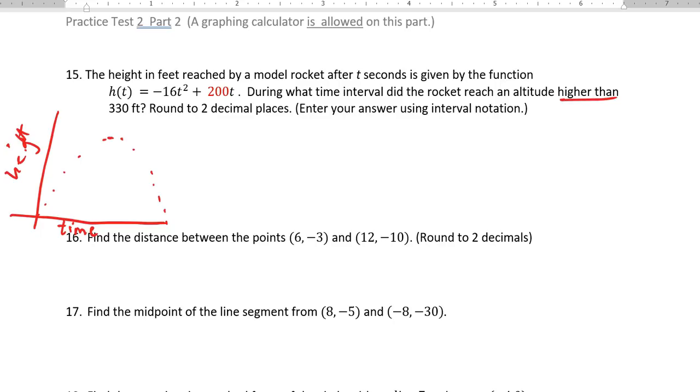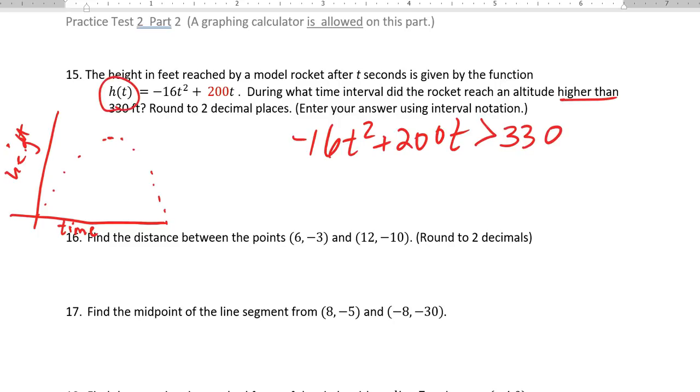So if I were to make this equation and set it greater than 330, then my output, because that's what this expression is equal to, would have to be greater than 330. That would be the same thing as saying, if I have 330 on my graph, it's going to have to be these values.